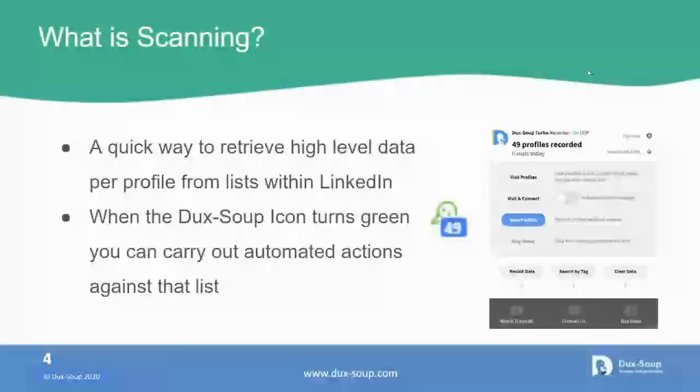If you have the URL, then you can get the Dux Soup robot to revisit that profile later. And you can always tell whether you are able to run any of the automation with Dux Soup, because the Dux Soup icon turns green when it recognizes what we call a list in LinkedIn or within the revisit tool.